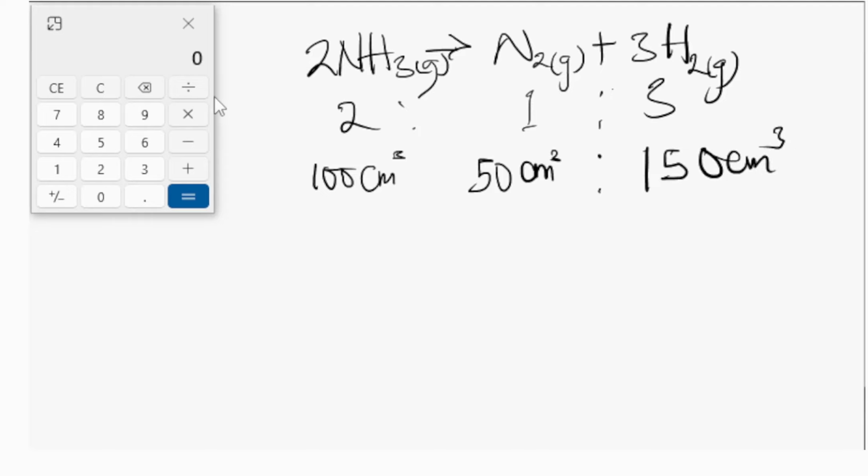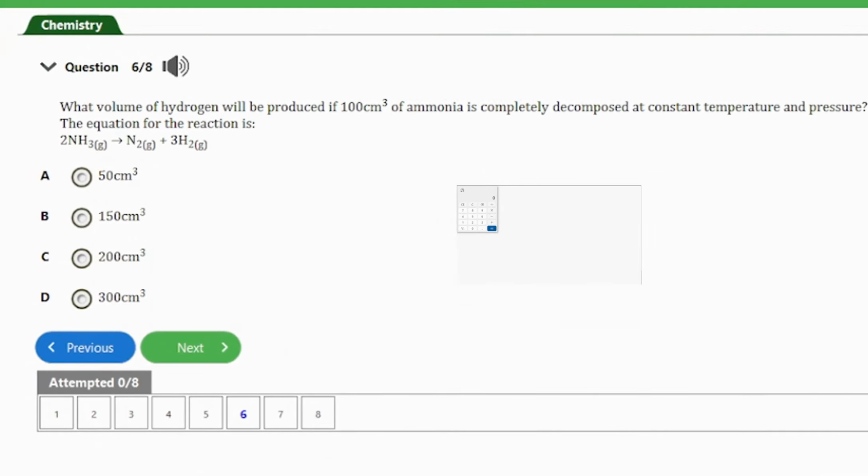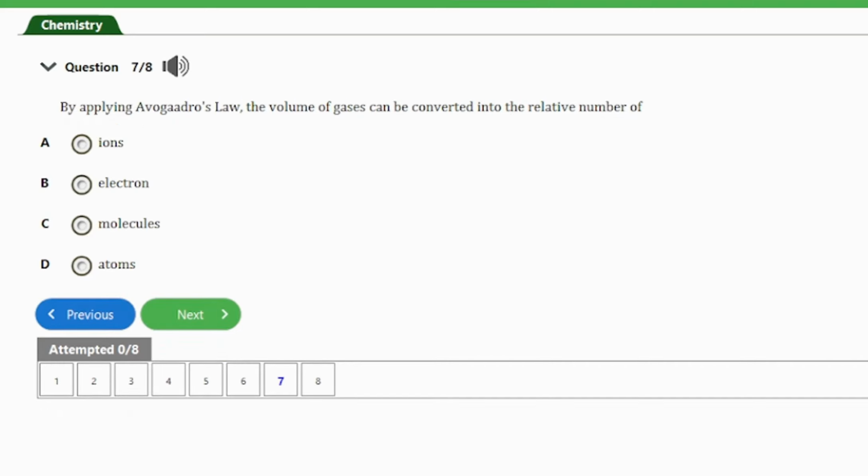So if you are wondering, this will be 2 times 50, and this will be 3 times 50, and this will be 50, since each unit of this is 50. So this is correct. So guys, in this case, the volume of hydrogen that will be produced is 150 cm cube, and that's the answer to this question, guys. So here, that's the option B.